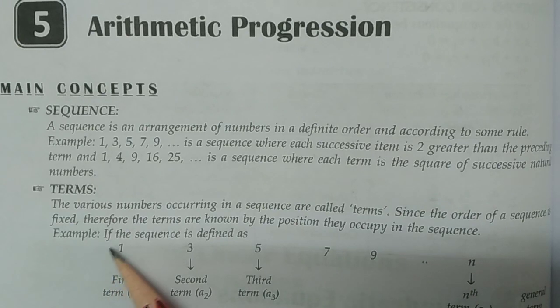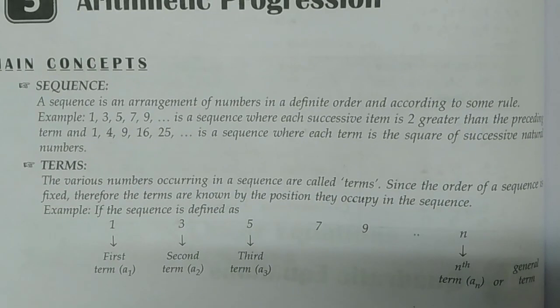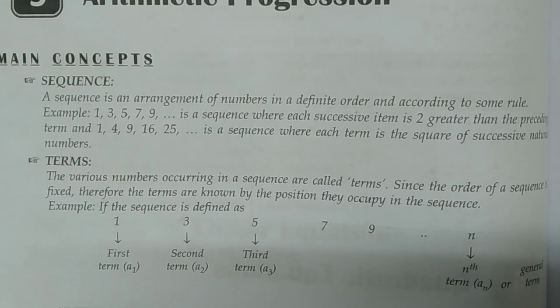For example, if the sequence is 1, 3, 5, 7, 9, then 1 is called the first term a1, 3 is the second term a2, and 5 is the third term a3. Then 9 is the ninth term, a9, or the general term an.